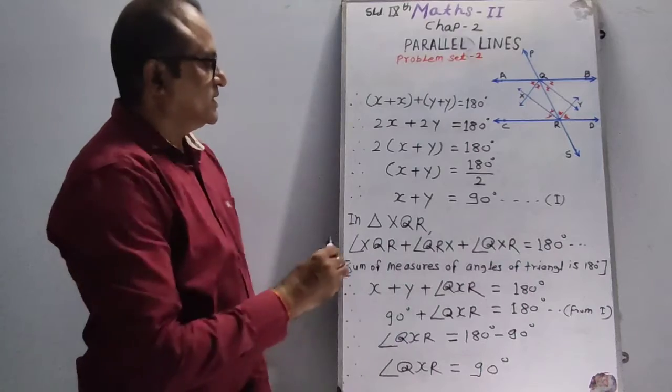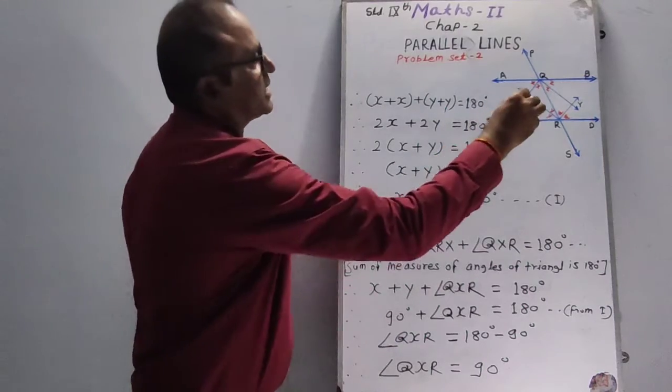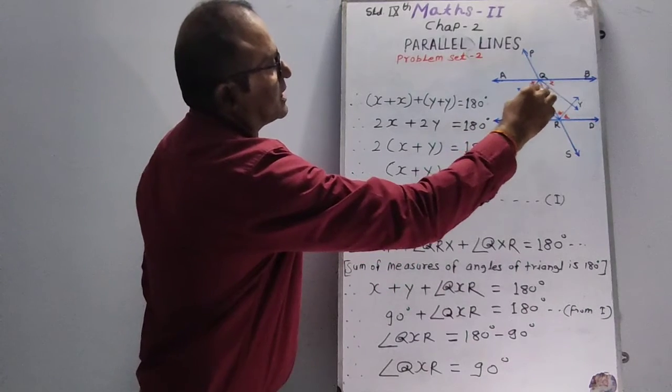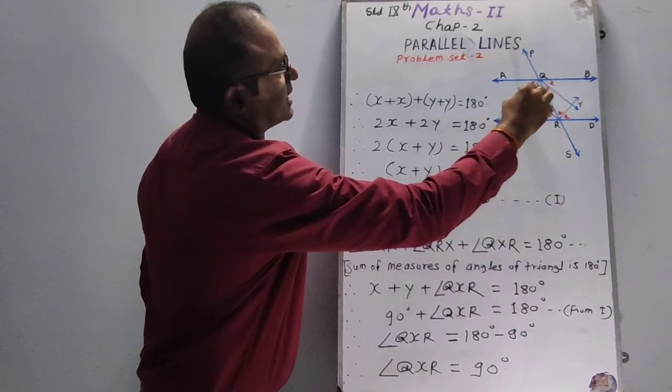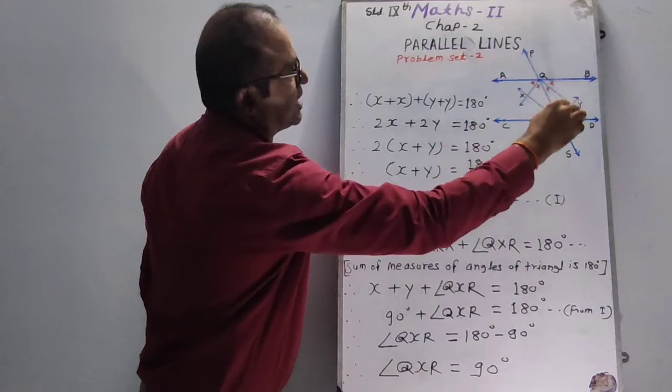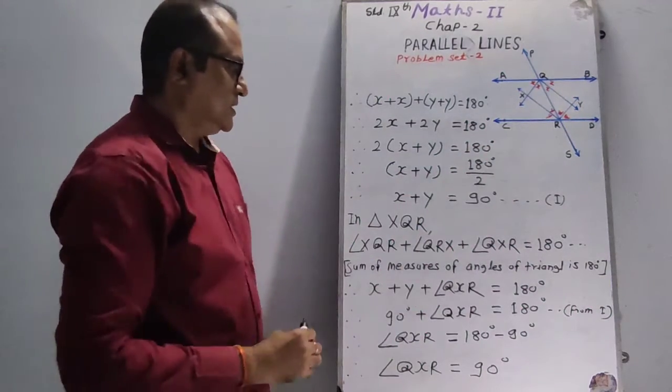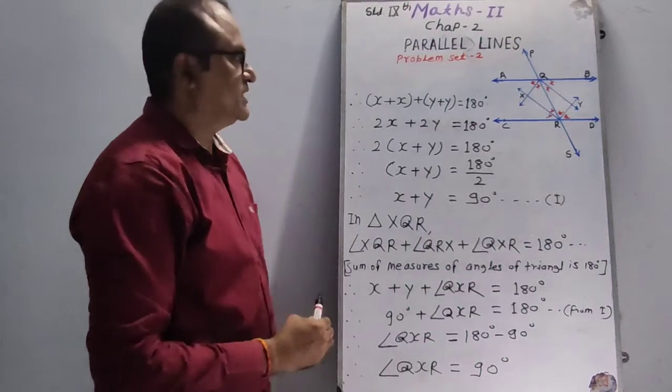Then in triangle XQR, angle XQR plus angle QRX plus angle QXR is equal to 180. The sum of the measures of the angles of a triangle is 180.